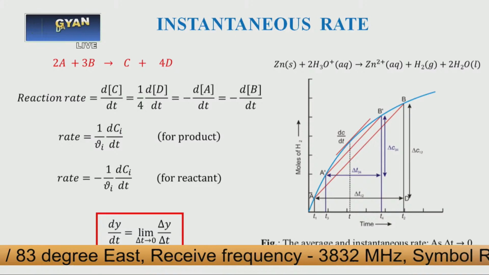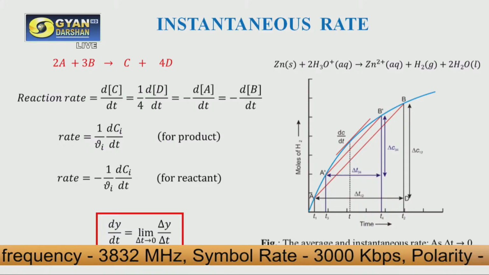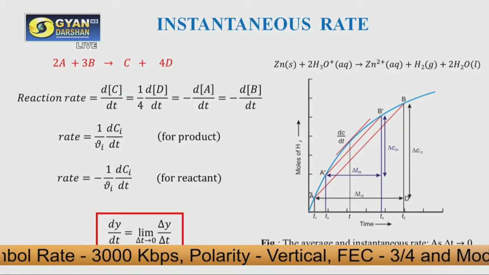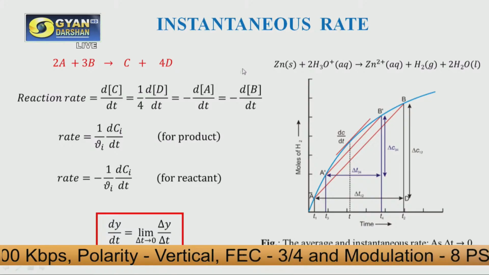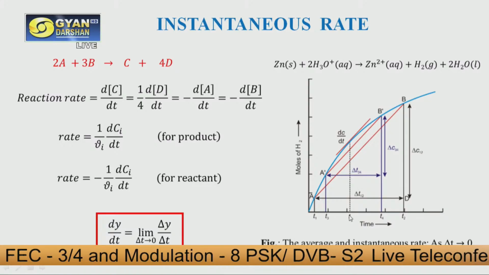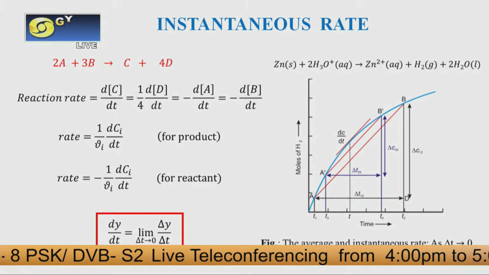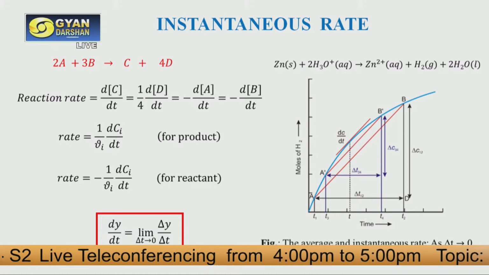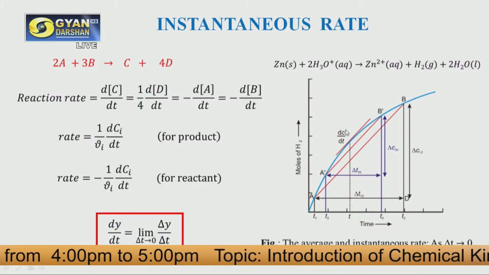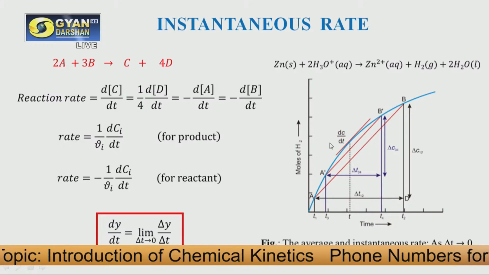This is a very minute difference, and the time difference between t4 and t3 tends to 0, meaning a very small difference. Then comes the idea of the instantaneous rate. At any time t, what is the concentration of the product? It is simply the slope of the concentration curve, which is dc by dt, nothing but the slope at that point.